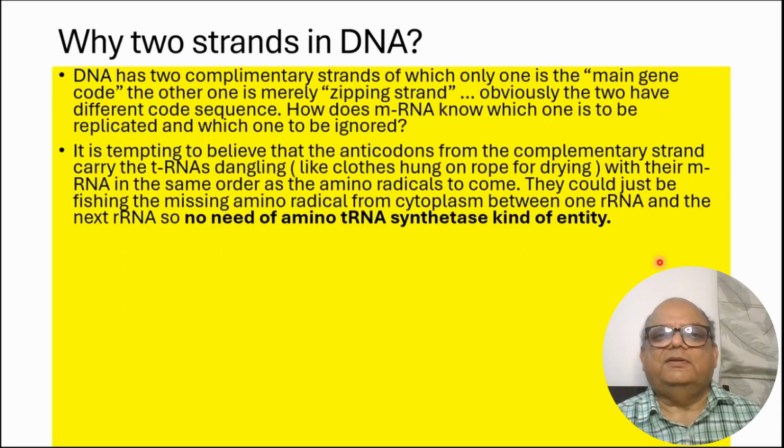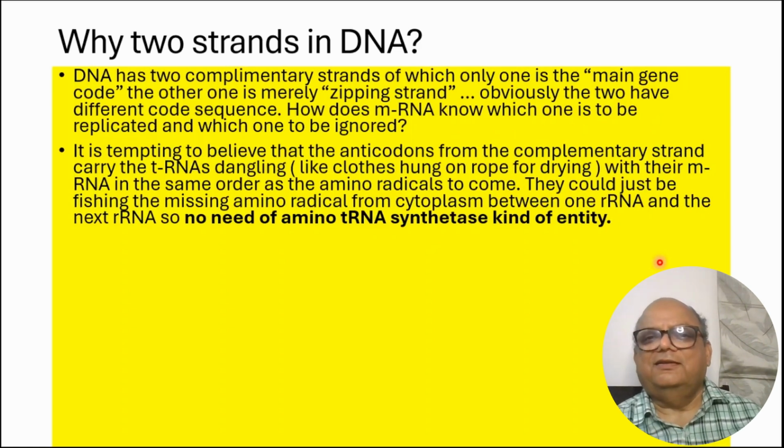By the time the mRNAs reach the next station, the next rRNA, they would have fished already the amino radical from the cytoplasm, and they will reach the site of the next protein synthesis in parallel, and then the third one, the fourth one, like that it can go on as an automated mass production factory, if you please.